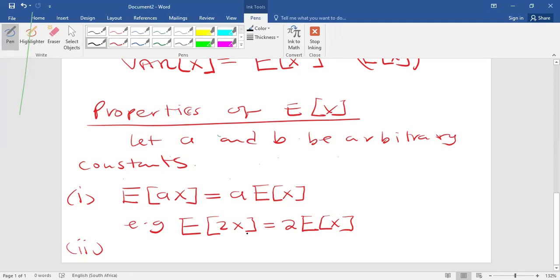Okay, so this is the first property of the expected value.